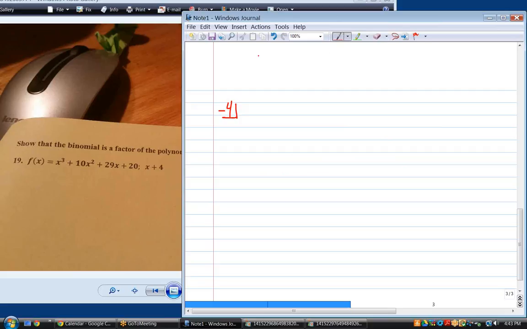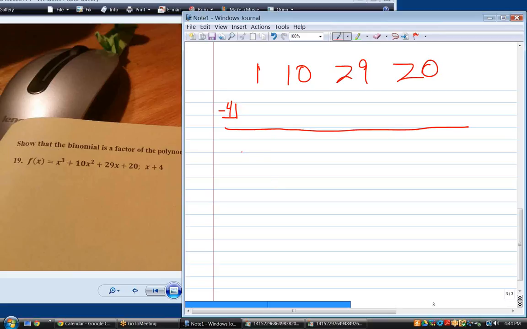Okay, so what goes across the top? It would be 1, 10, 29, and 20. Okay. Now what goes down here? 1. Okay, here, -4. Okay, here, 40? -40? We're adding. Remember, always adding. We're in the same step as we would be in with long division, only with long division we'd be subtracting.